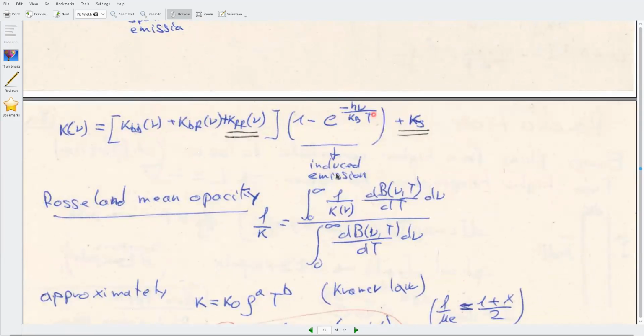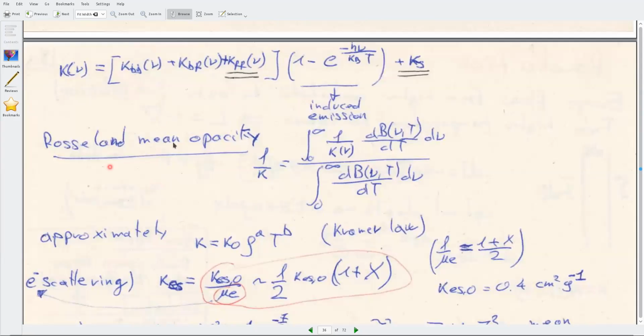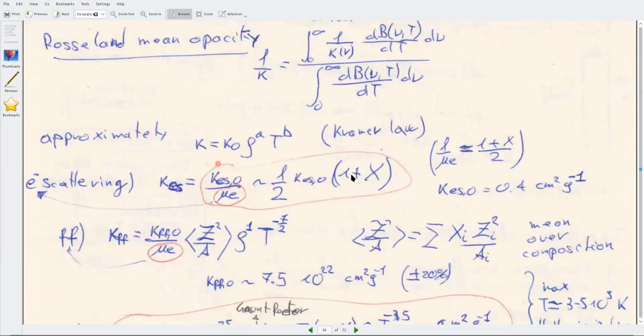And this takes account of induced emission. We define the Rosseland opacity, defined in this way, that is a mean, to simplify the calculation. And we have the Kramers law for the opacity that is a constant part and a dependency on density and temperature.